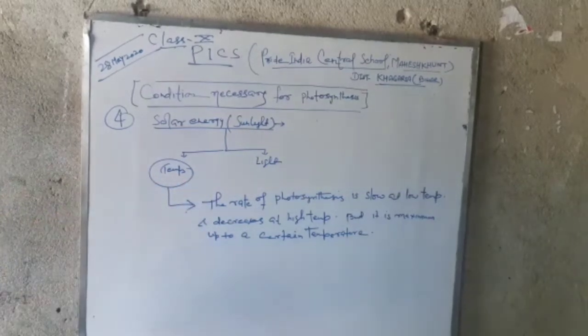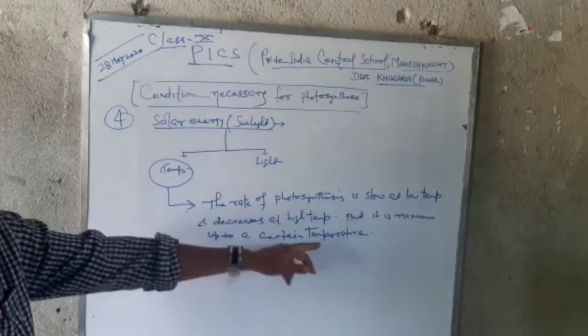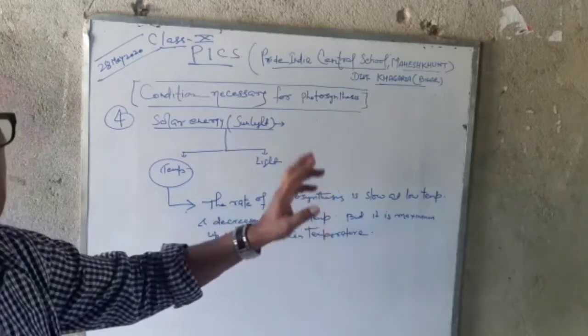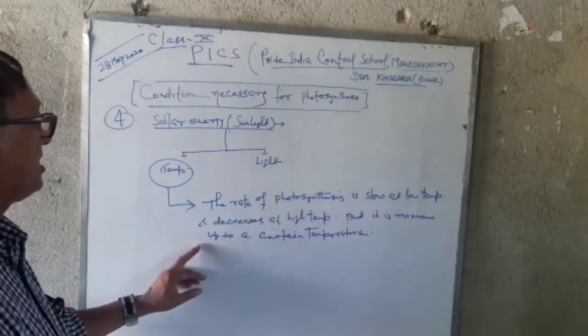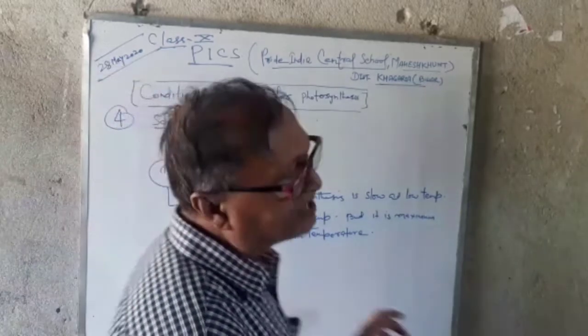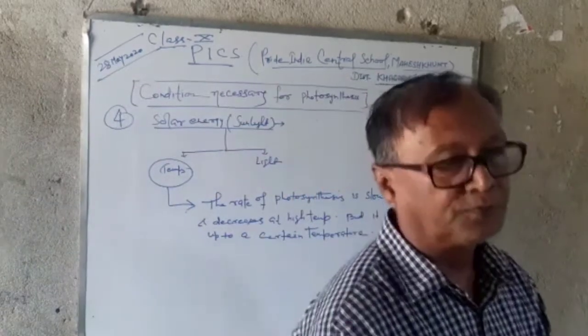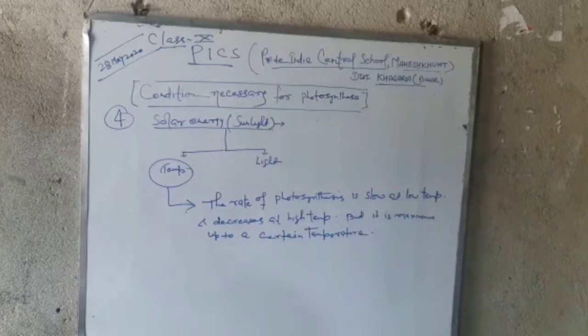Then what is temperature? The rate of photosynthesis is slow at low temperature, whereas it decreases at high temperature. Photosynthesis is slow at low temperature and decreases whenever the temperature rises.